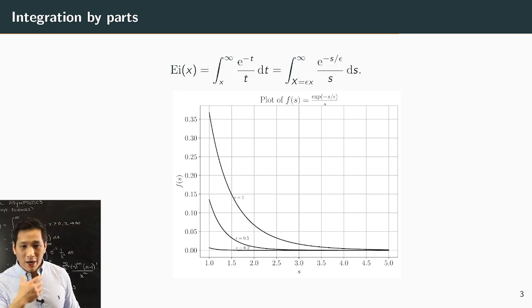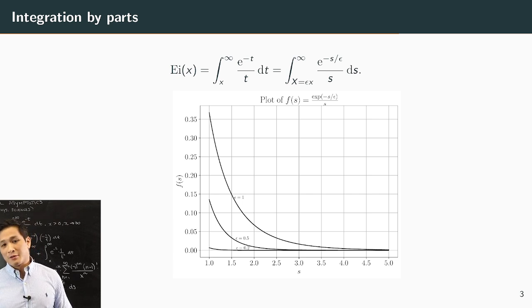The graph that you see, it's actually not big enough on my screen, is the integrand at values of epsilon being, I think, 1, 0.5, and 0.2. The idea is that as epsilon goes to 0, you get faster and faster decay because the exponential goes to minus infinity a lot faster.